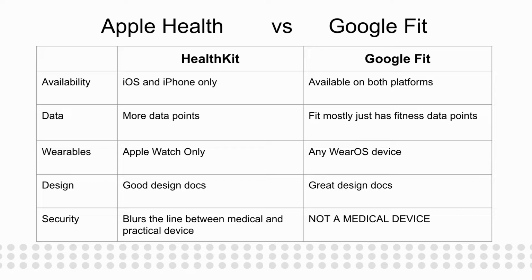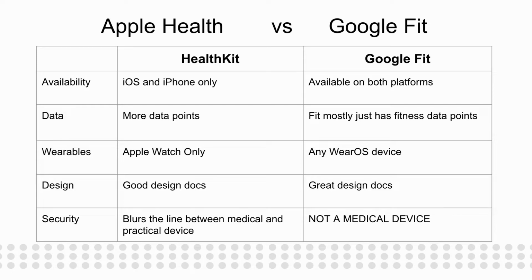So if you're going to be making a fitness app, you can make one that puts that data in both places. But really, if you only want to leverage one, then Google Fit might be a good solution. Obviously, if you want to do a serverless thing, then these are good. But if you're going to have your own server, then you can ingest that data and put it on both if you really needed to.